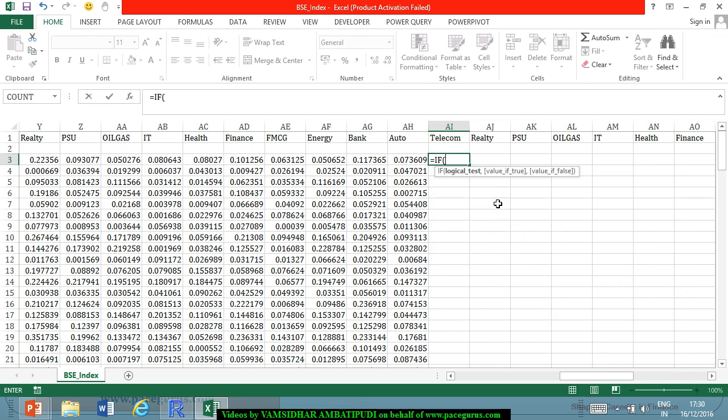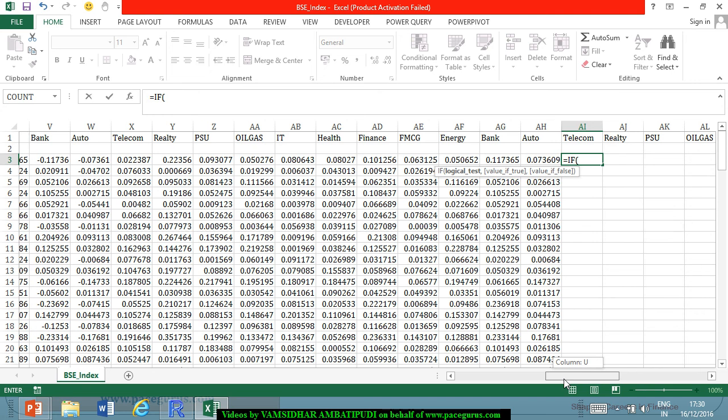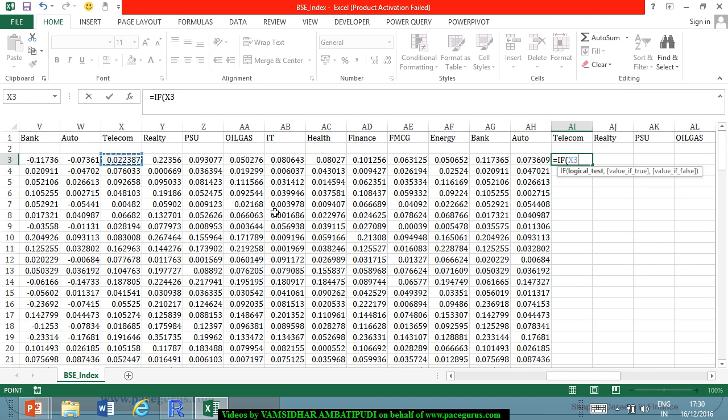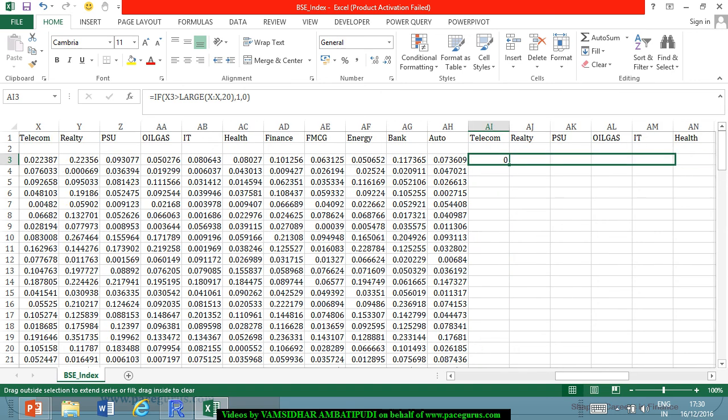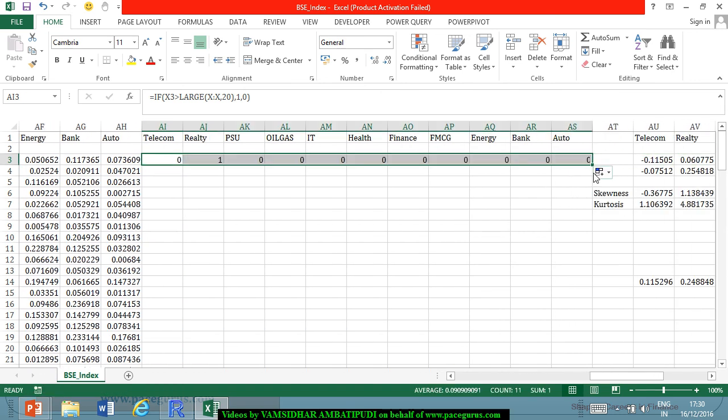I'll say if this particular value is greater than the 20th largest value in the list, I'm looking at just the top 20, I'll call it 1, otherwise I'll call it 0. Now I want to see this pattern for all the sectors.